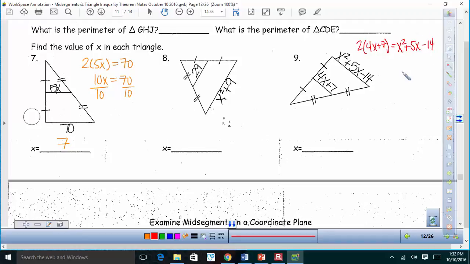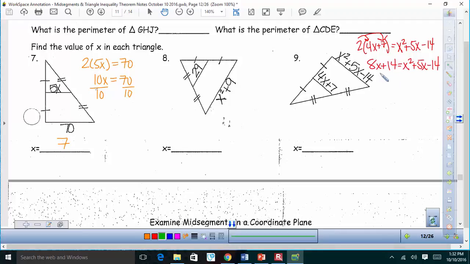I wrote 5x, but I said 4x. Okay? Then from here, we want to distribute our 2 out. This is going to give us 10x plus 14 equals x squared plus 4x minus 14.